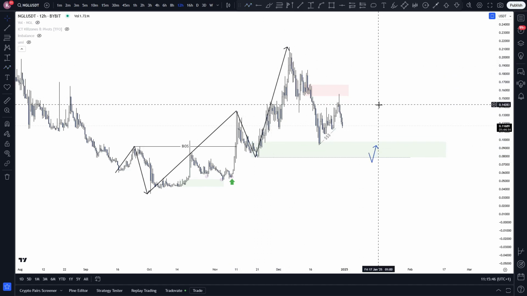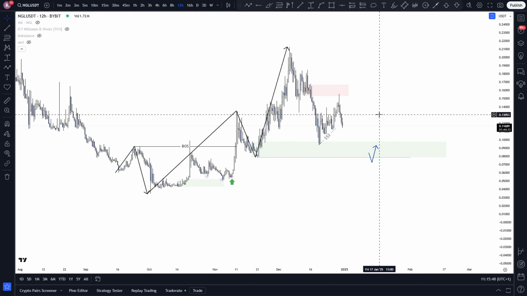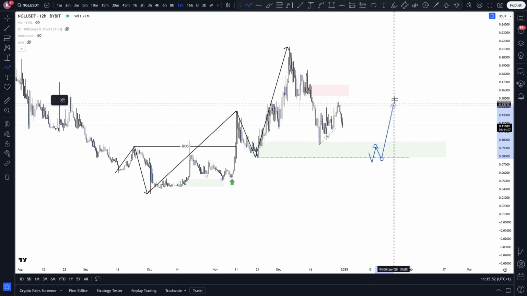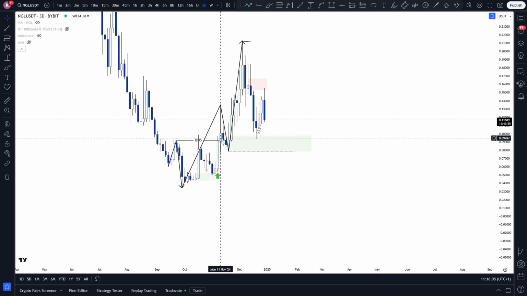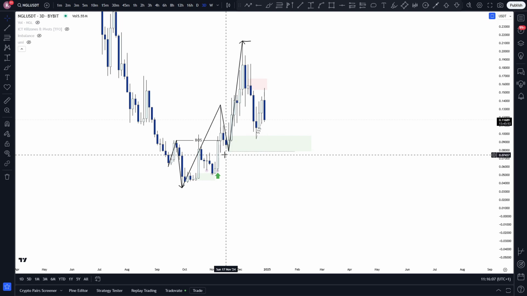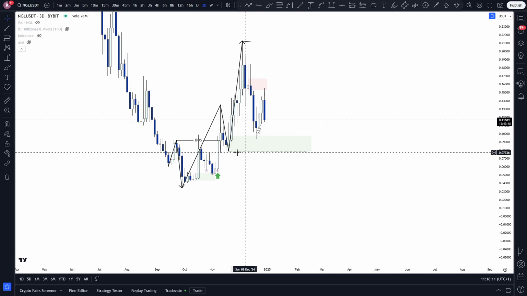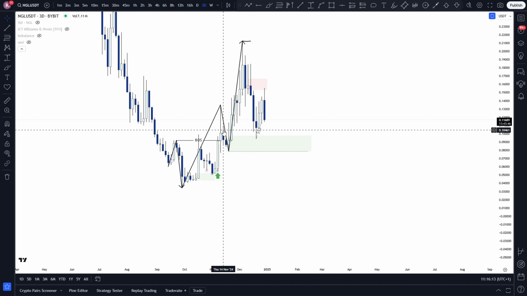So the market makers have filled their order on the retail players to then fill their own positions and push the market up for a new higher high, as long as we do not have a 3-day candle opening and closing above this level, because our structure is valid on the 3-day.